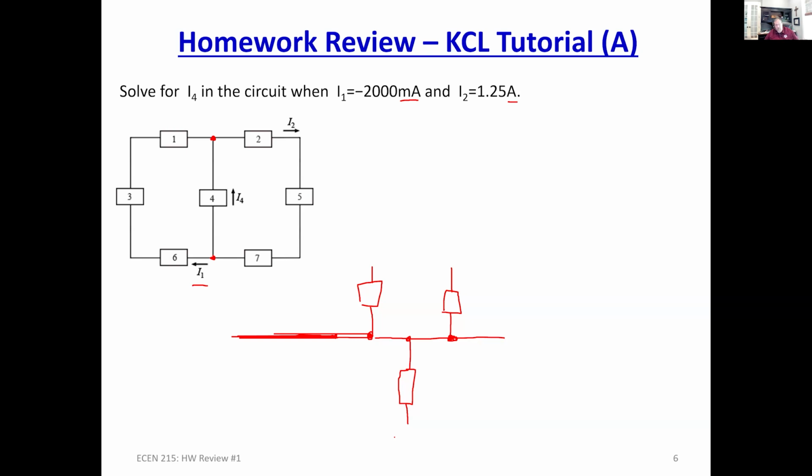I want to count up the number of nodes I've created. Anybody? One. One node.